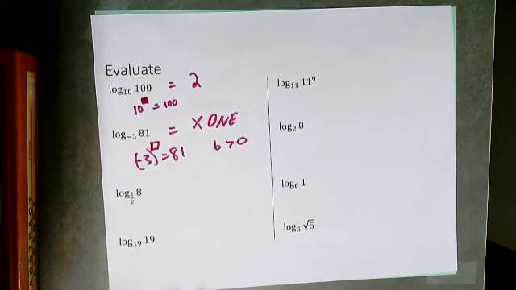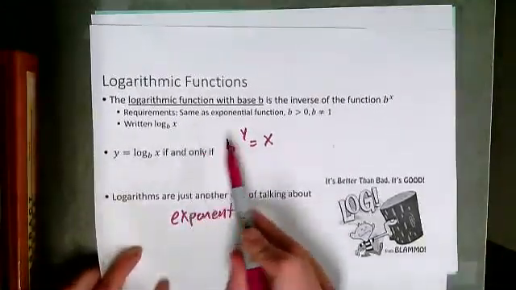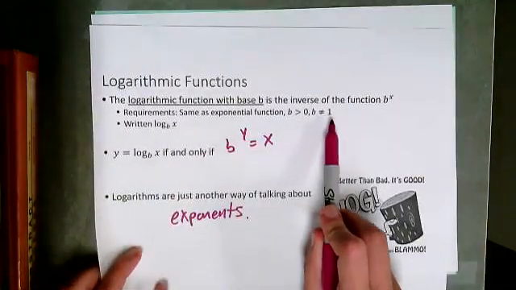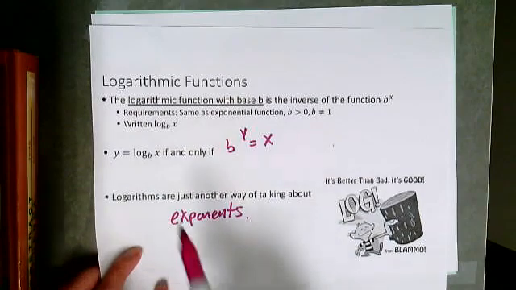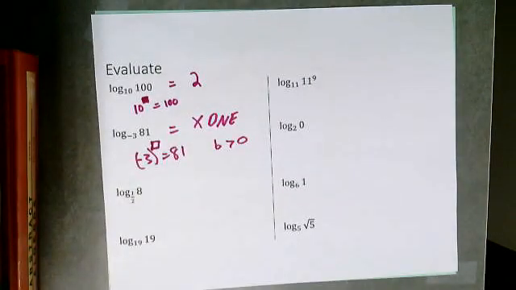Okay, that was one of the requirements. Okay, actually, if I can fish that back out. Requirements are b has to be bigger than 0 and b cannot be 1. And this is our equivalence. Okay.